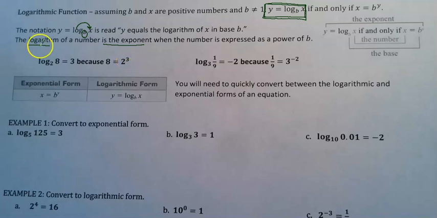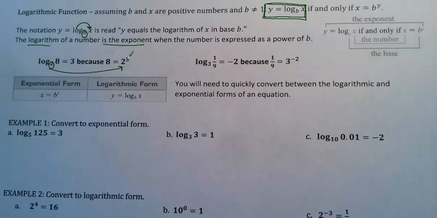So the log of the number is the exponent when the number is expressed as a power of b in the base. This was my subscript 2, and now it's my base in the exponent.